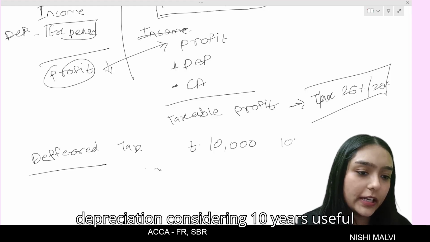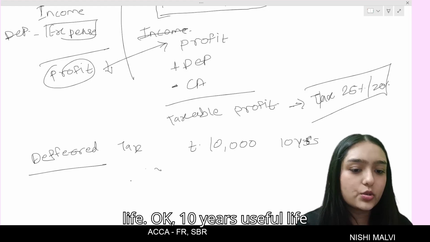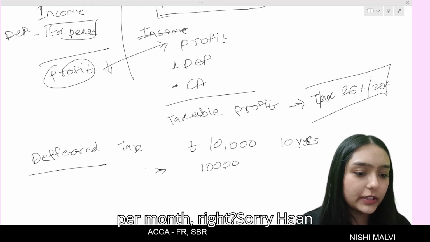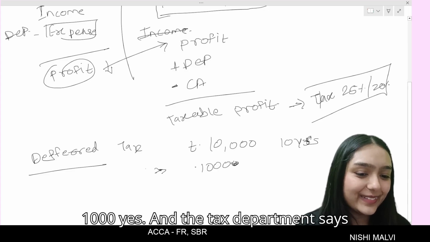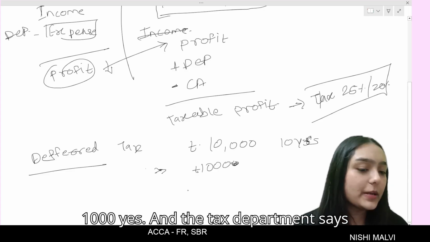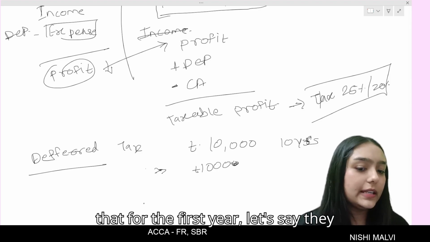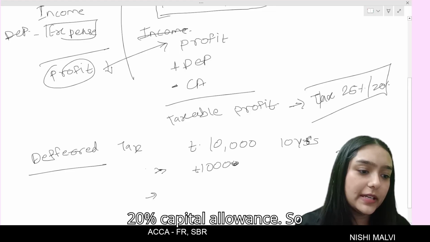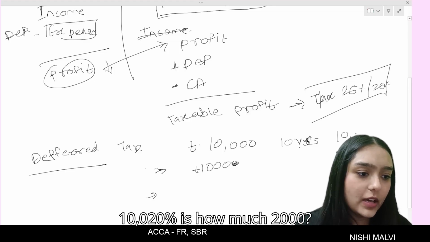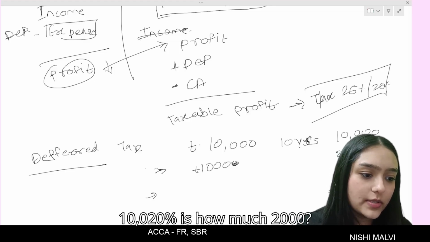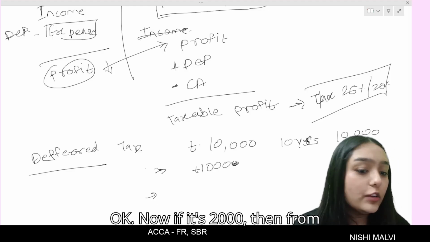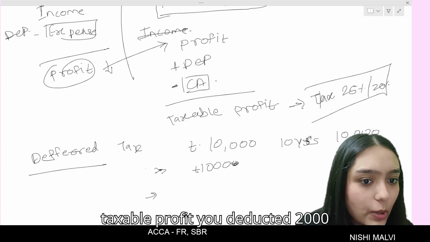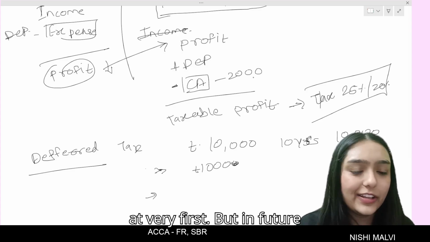And the tax department says that for the first year, they will give you 20% capital allowance. 20% of 10,000 is 2,000. So from taxable profit you deduct 2,000 at the very first.